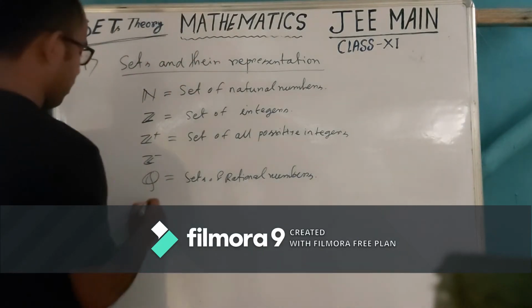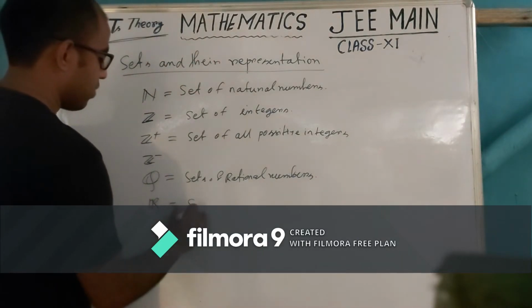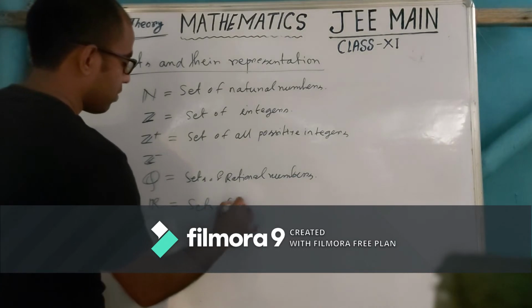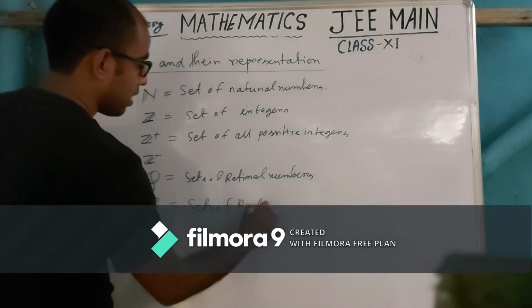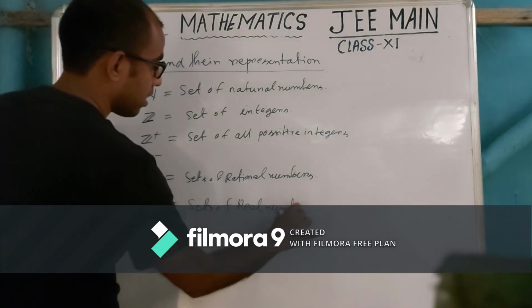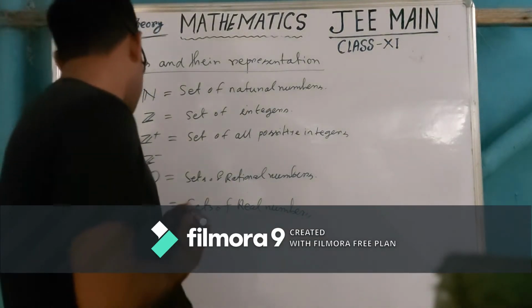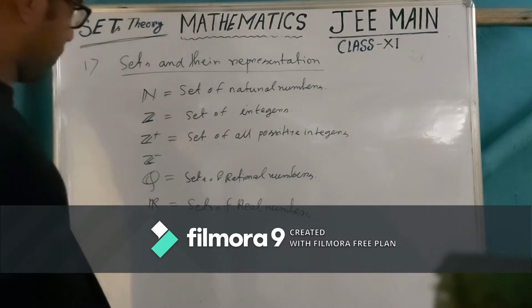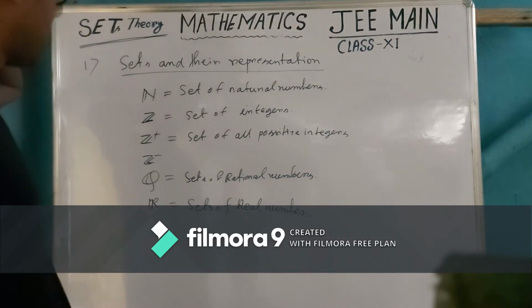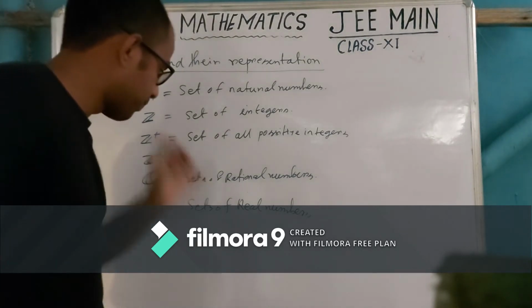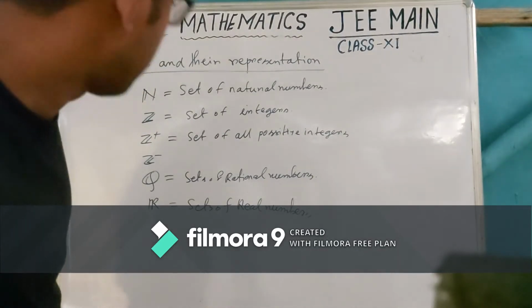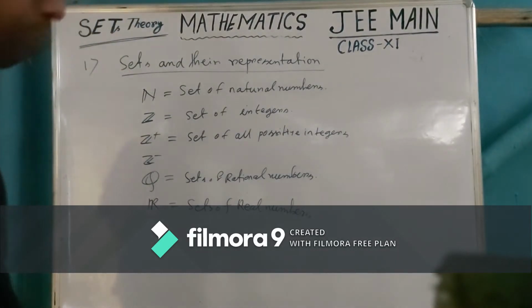And R is the set of real numbers. So we see that here are different types of set representation. These sets are very important. Now we discuss the next topic.